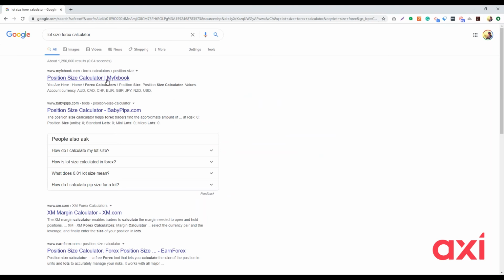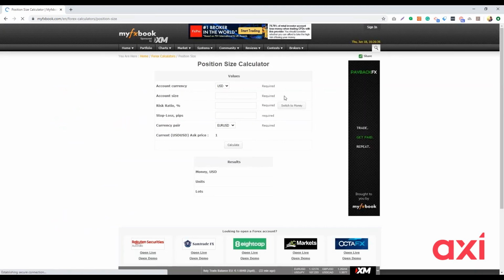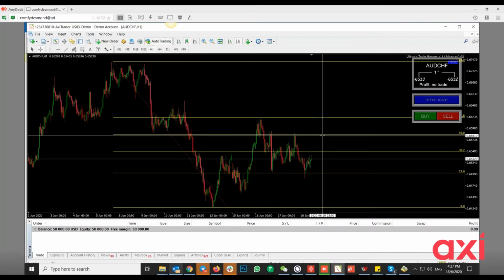Maybe you go to MyFXBook, the first choice up there. Someone says, okay, what is your account currency? It is USD. What is the account size? It is $50,000. What is the risk ratio percentage? It's 2.5. What is the stop loss in pips? I kind of forgot. I need to count, but I think it was like 37.